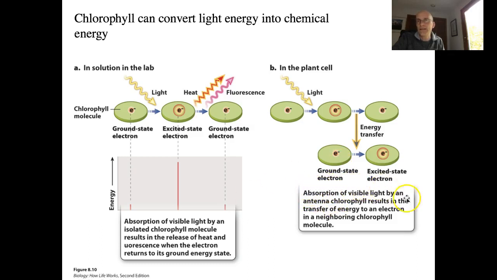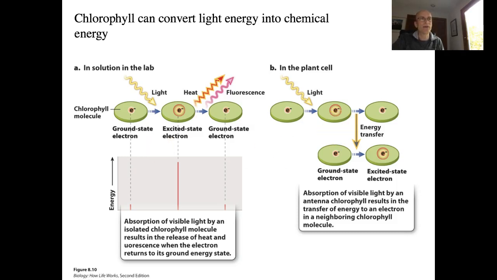What it says here is that the absorption of visible light by an antenna chlorophyll results in the transfer of that energy to an electron in a neighboring chlorophyll molecule. So it can just bounce that energy around. It can go to this other chlorophyll, then to another chlorophyll, and another. Rather than giving off the energy in heat and fluorescence, it keeps that energy around by bouncing it between molecules.